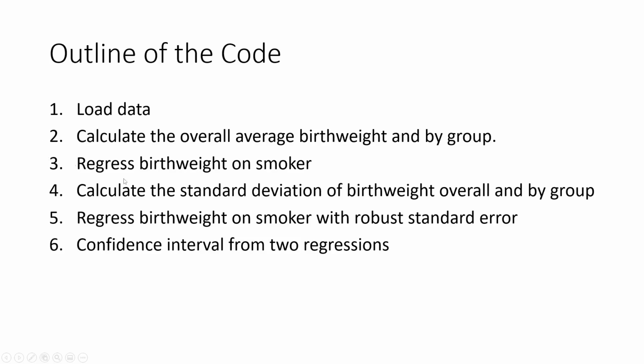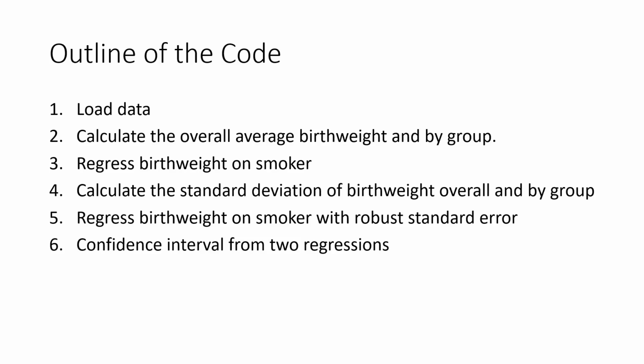In step 3, we are going to run a regression of birth weight on the smoker variable. By smoker, I mean the name of the variable. And in step 4, we are going to calculate the standard deviation in 3 ways. First, the overall standard deviation, and then, like before, the standard deviation of birth weight for smoking mothers, and then the standard deviation for non-smoking mothers.